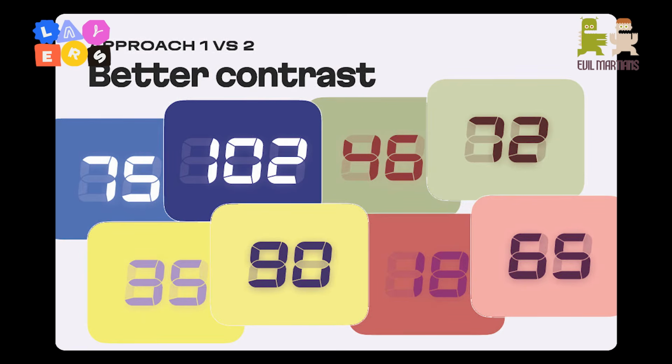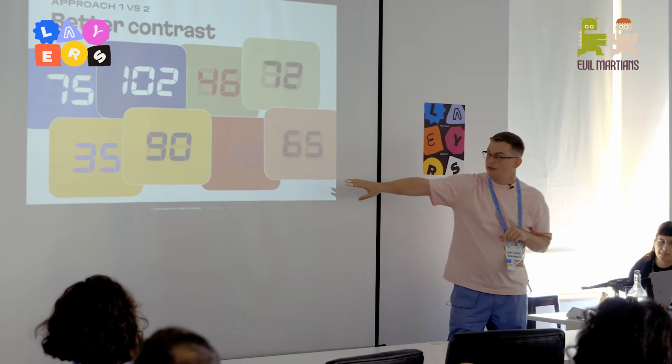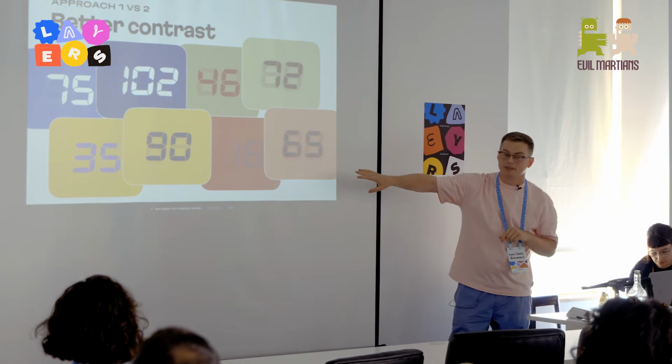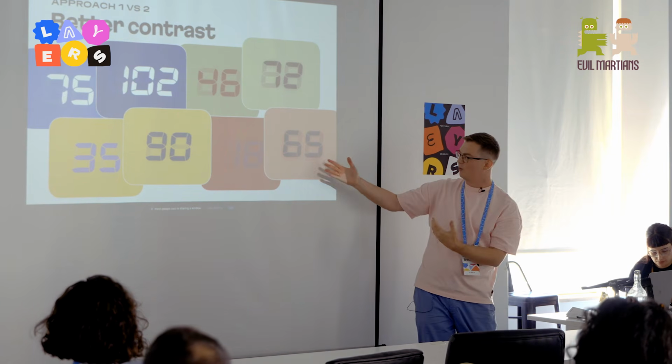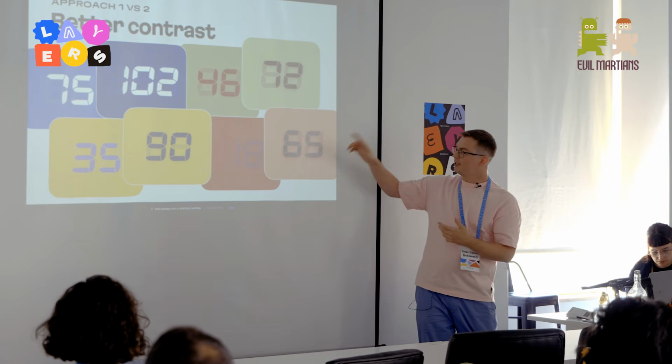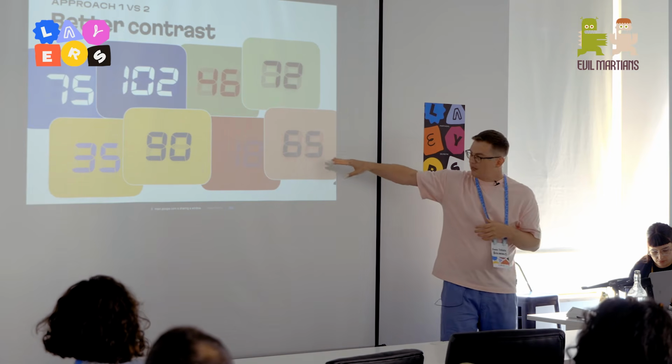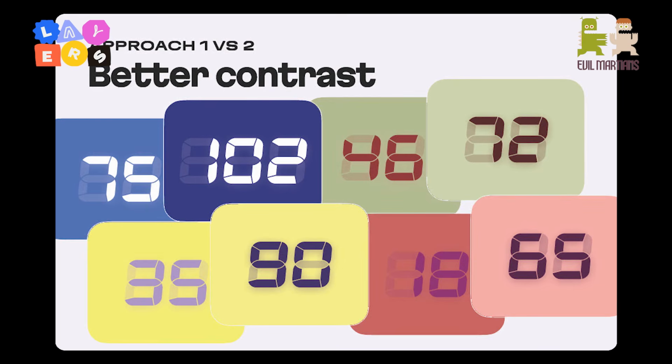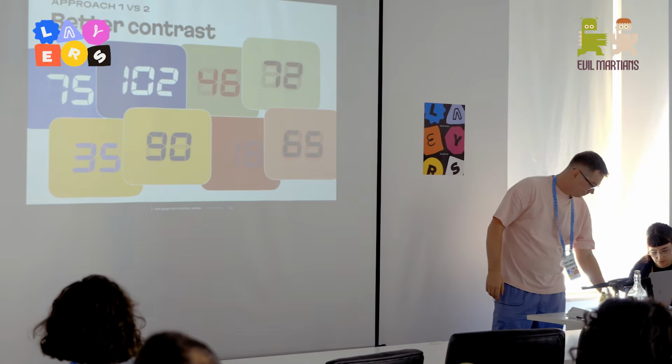Here you can compare two approaches. Take a look at these two red boxes. You can see how much easier it is to read this number. That means that approach number 2 ensures better contrast.